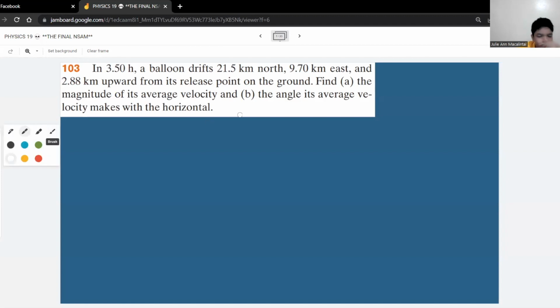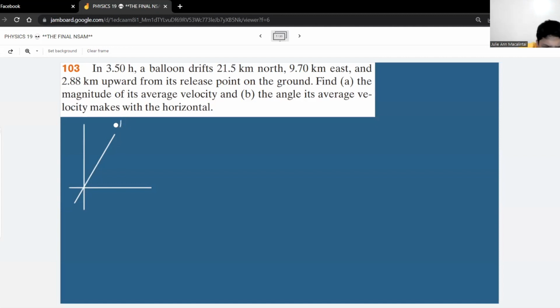So the displacement here is what? Tapos choose the coordinates so that yung 0, yun yung starting point, so that yung IJK is all positive. Ano ba?